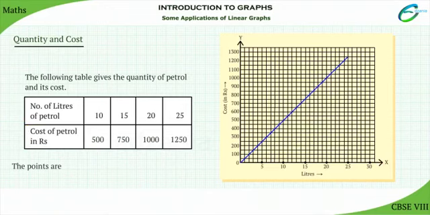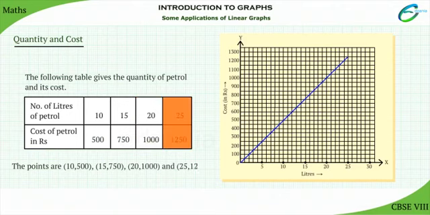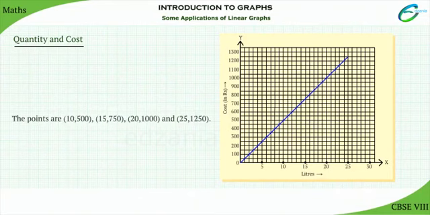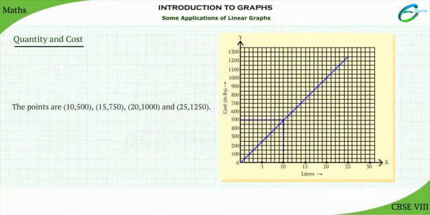The points are (10, 500), (15, 750), (20, 1000), and (25, 1250). Now let us plot these points. By joining these points, we get a linear graph.